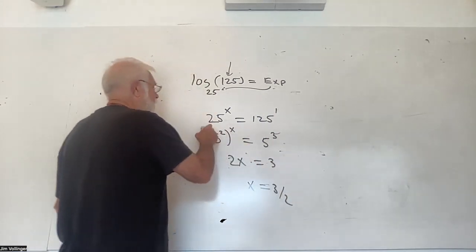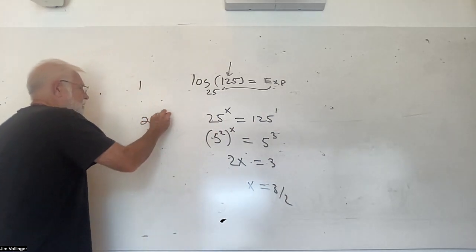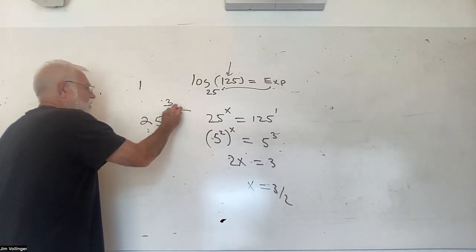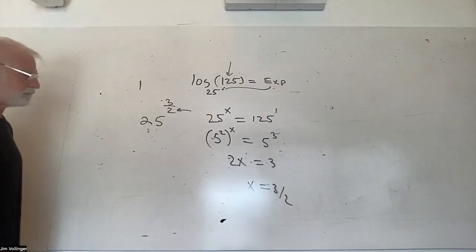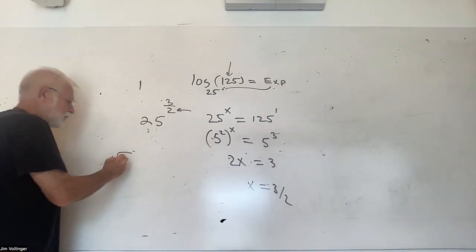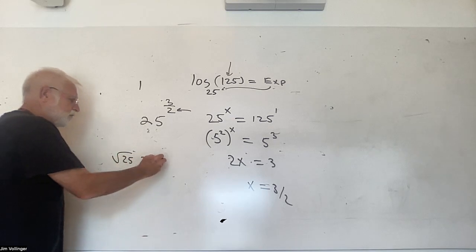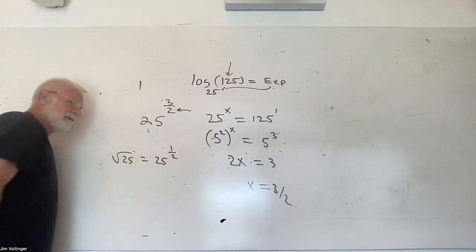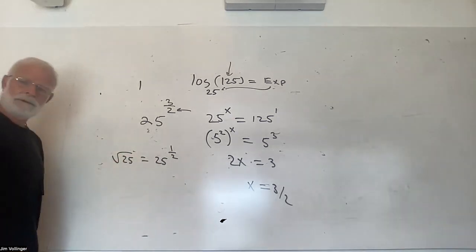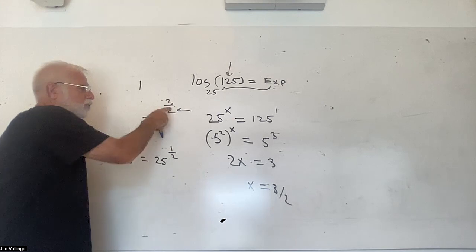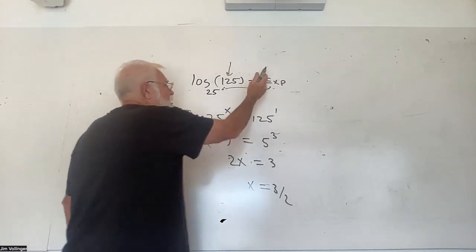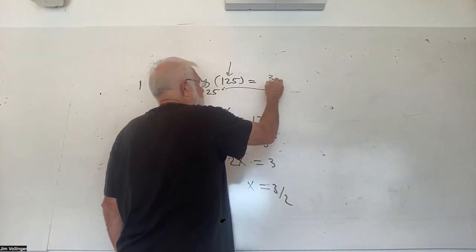So I'm going to put that on top of 25 and look at it. And I hope you're starting to understand what operation that is. It's a square root. All right, so the square root of 25 could have been written as 25 to the 1/2. That's helpful to know. So what is the square root of 25? 5. What is 5 cubed? 125. We now know that the exponent that works is that.